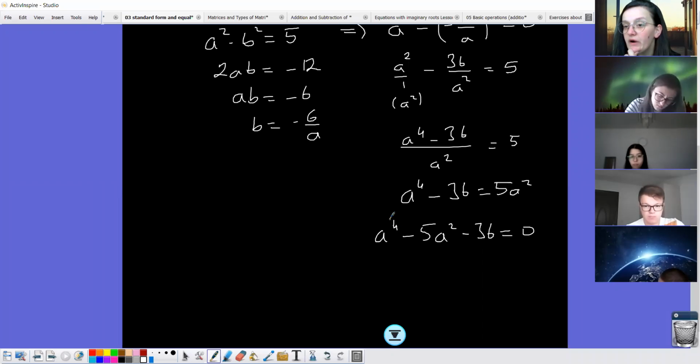Now this is the fourth power, but can I think of this one as a quadratic equation? Yes, because it is equal to 0. Here you have a squared, here you have a to the power of 4.